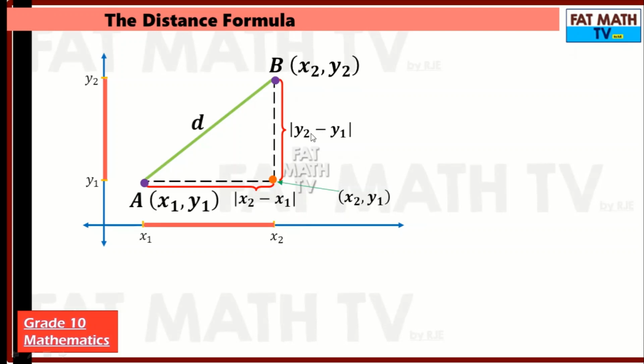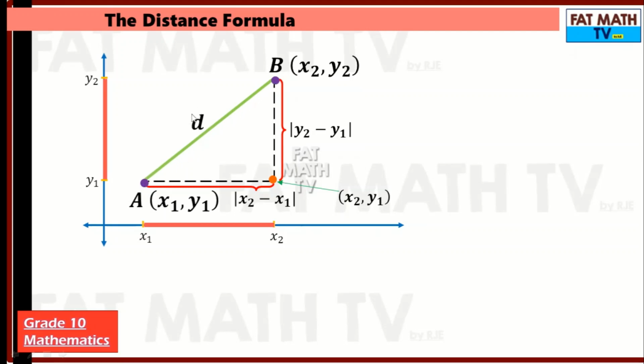So we already have the lengths of the two legs, and we can solve for the hypotenuse using the Pythagorean theorem. What does the Pythagorean theorem say? It says that the sum of the squares of the two legs of a right triangle is equal to the square of the hypotenuse.